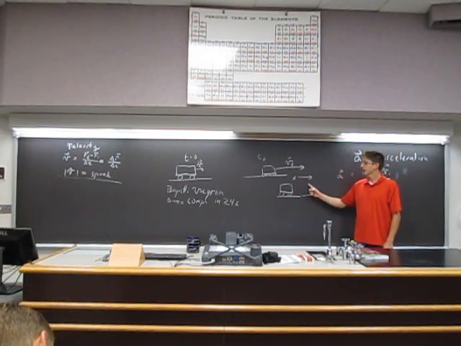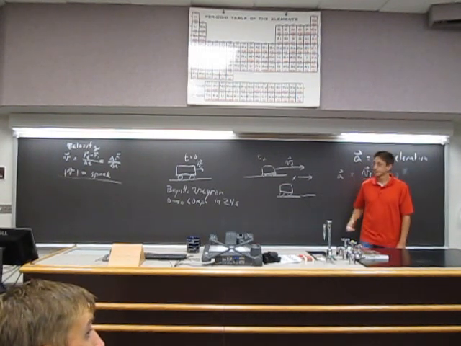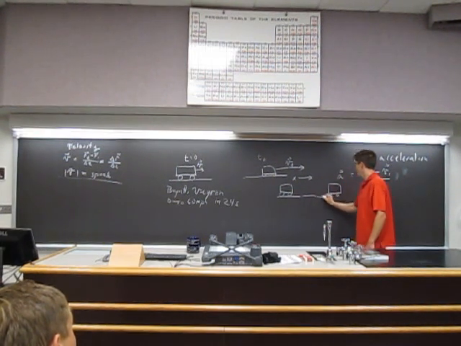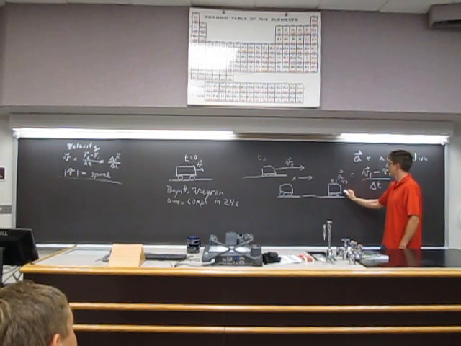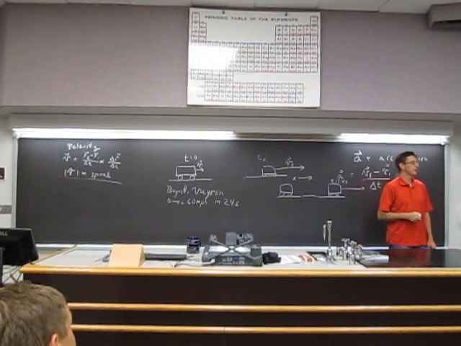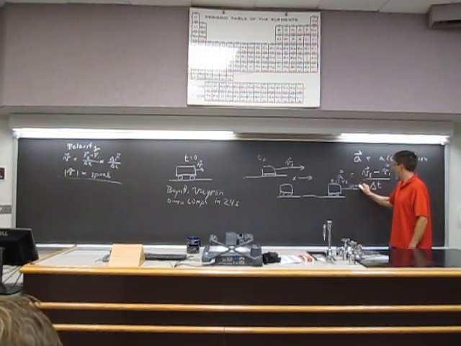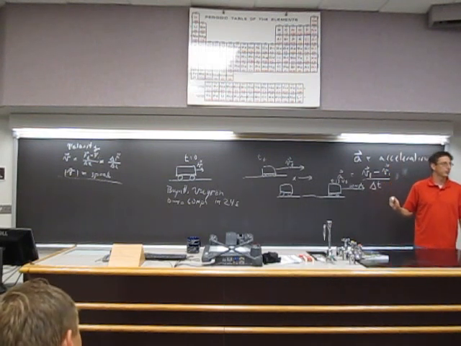So all the velocities are going to be in the x direction. The initial velocity would be 0, and then the final velocity at some later time would be 60 miles per hour. Let's see if you can write that in meters per second. So 60 miles per hour. How do we go from miles per hour to meters per second? Remember?